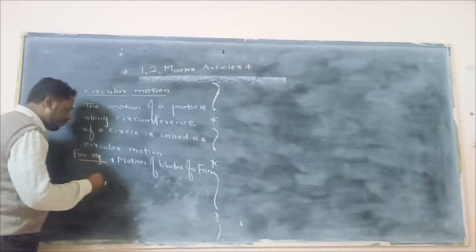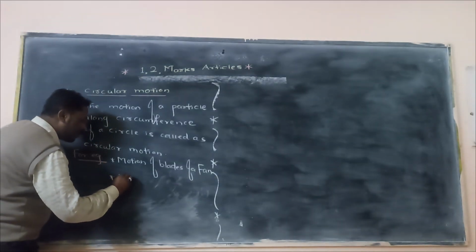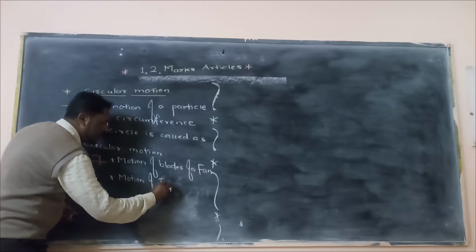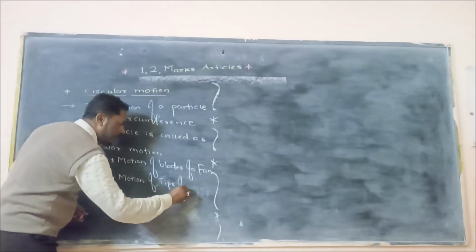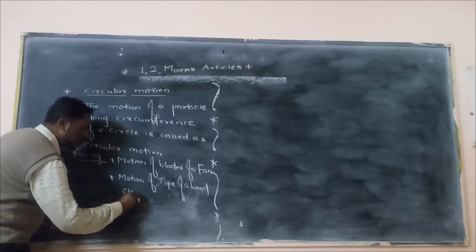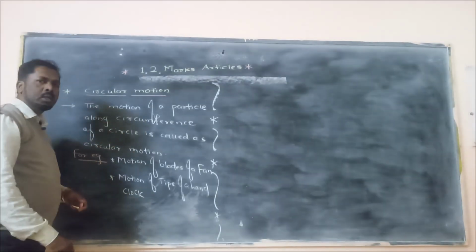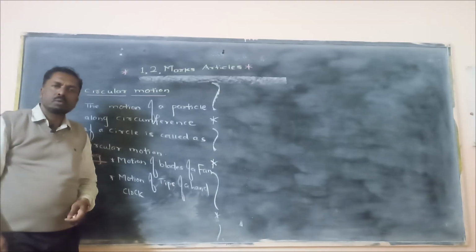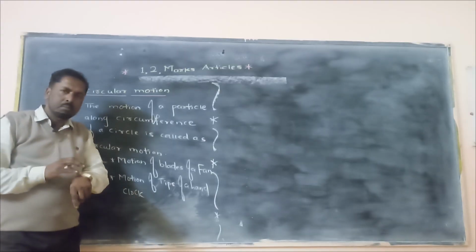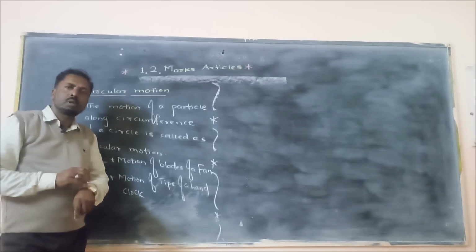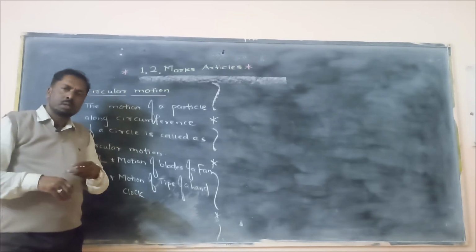Of the same type, the motion of the tips of a hand clock. The motion of the tips of a hand clock also varies. Whatever time I have on my hand watch, the same will not be on yours.